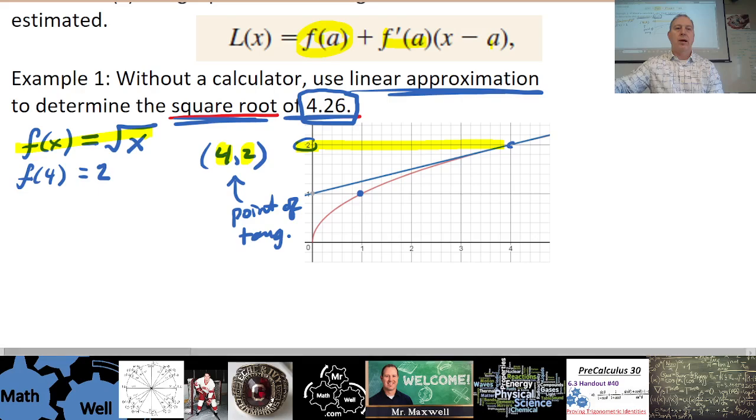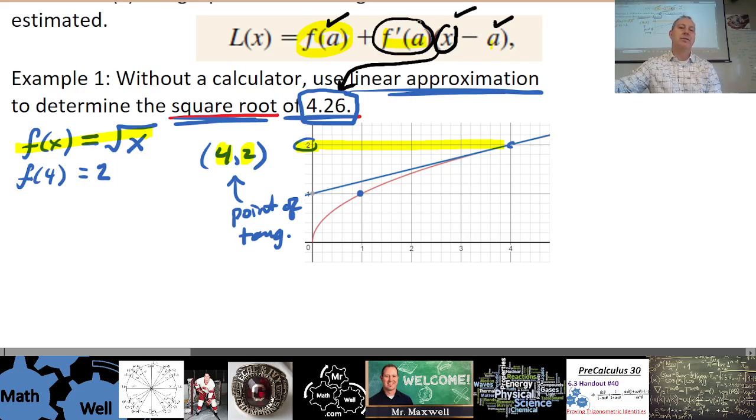Okay, so if we go back to here, this x is 4.26, so I have that x as well. All I need to do is find f prime, and then I just plug values in. So f prime of x, let's do that first, using the power rule.